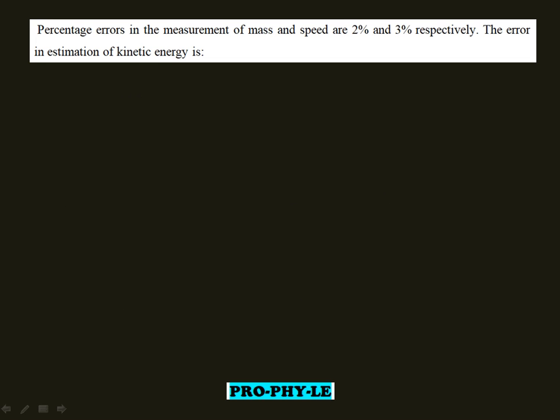Now the next question is like this: percentage errors in the measurement of mass and speed are 2% and 3% respectively. The error in estimation of kinetic energy is... See, you all know kinetic energy is given as half mv square, so the fractional change in kinetic energy will be equal to delta m by m plus 2 into delta v by v.